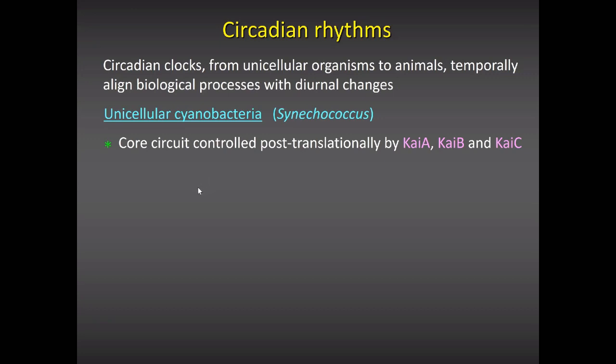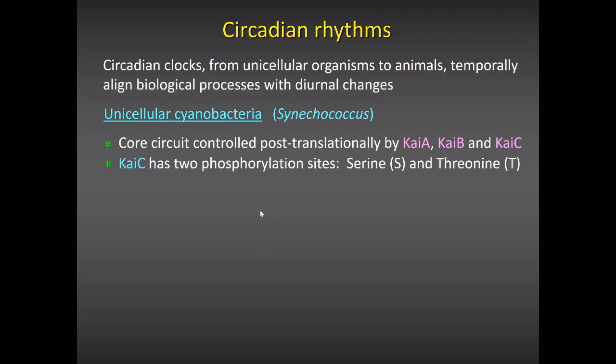In this organism, the core circuit is controlled post-translationally by three proteins, KaiA, KaiB, and KaiC. KaiC has two phosphorylation sites, at serine and threonine, and can be in one of four phosphorylation states: unphosphorylated, phosphorylated at T, both at S and T, or only on S. In addition, KaiC is regulated by KaiA and KaiB in a feedback loop configuration.